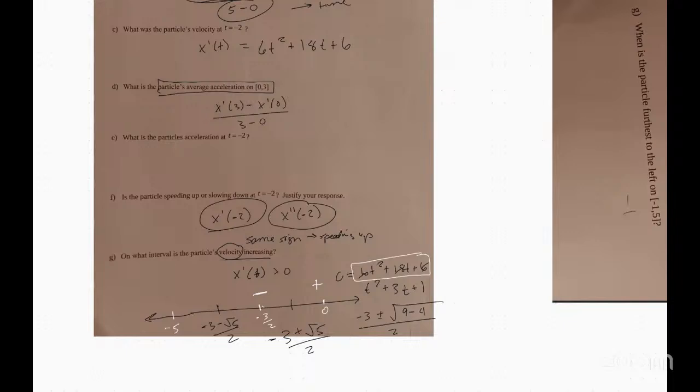It's increasing when it's positive. So it's increasing from negative infinity to (-3 minus √5)/2, and it's also increasing from (-3 plus √5)/2 to infinity. So those are the two places it's increasing. Good? Makes sense how I did that?